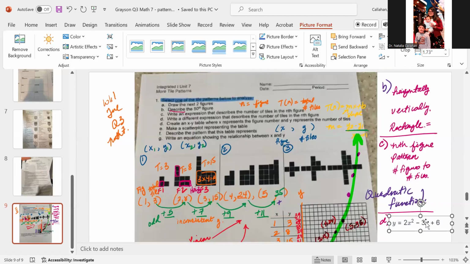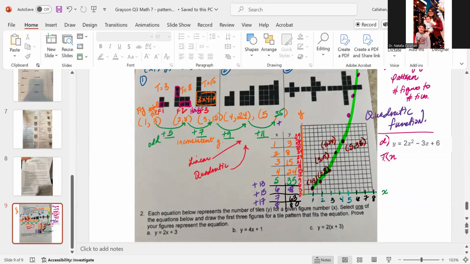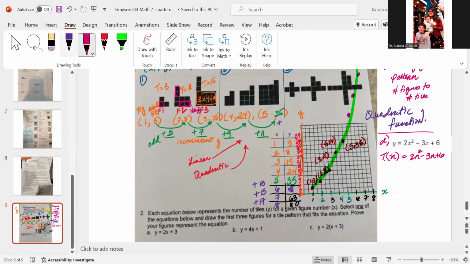So what you could do, you could say T of n is equal to 2n squared minus 3n plus 6. And you could say that n is the number of the figure and T of n is the total number of tiles. Does that make sense? Okay.